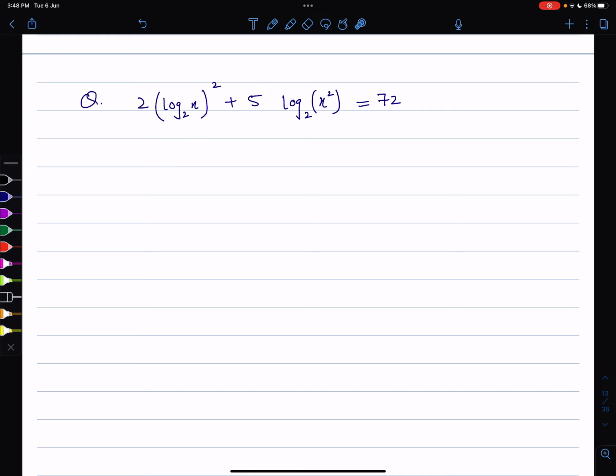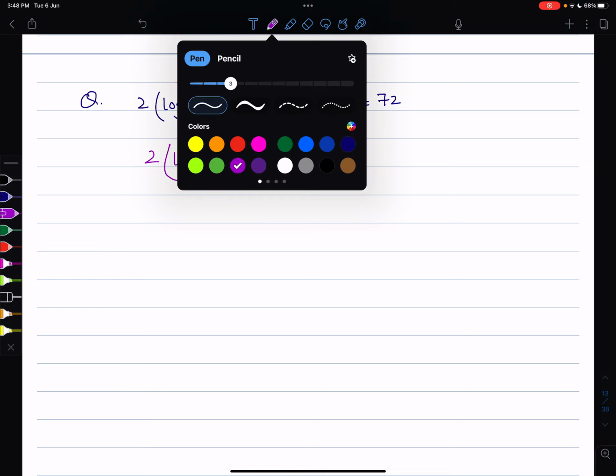So over here we are going to consider x squared as x to the power of 2.